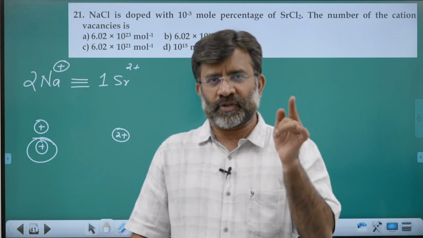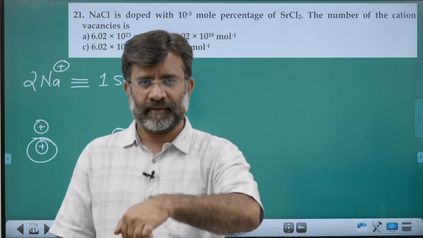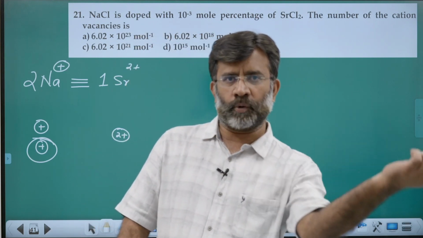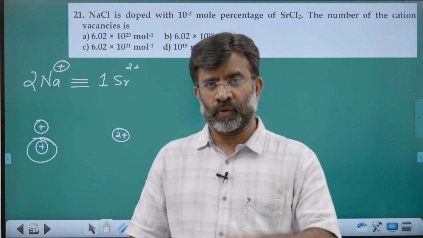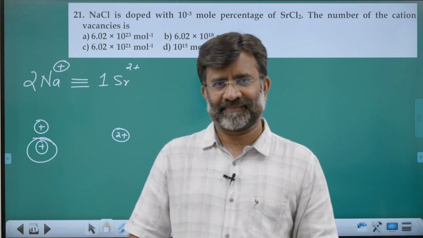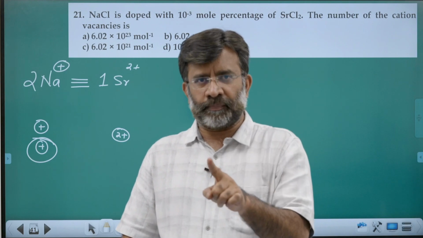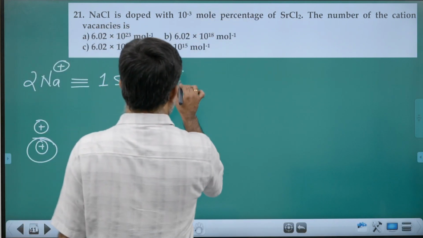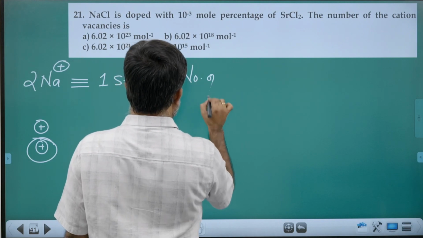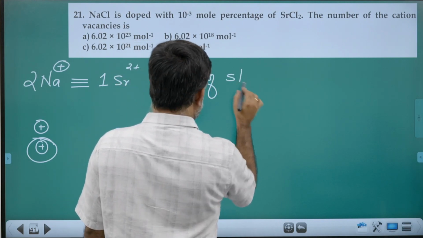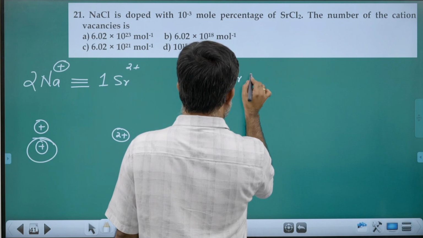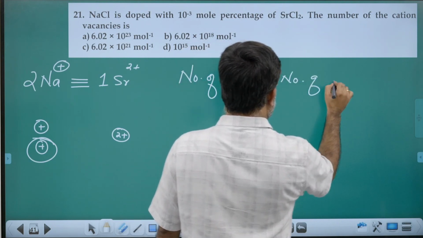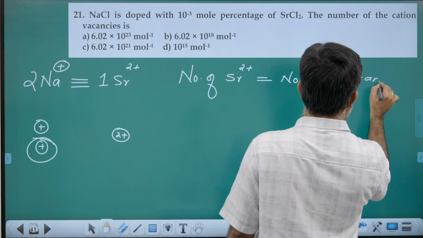So 2 sodium out and 1 strontium in gives 1 vacancy. So the number of strontium is equal to the number of vacancies.